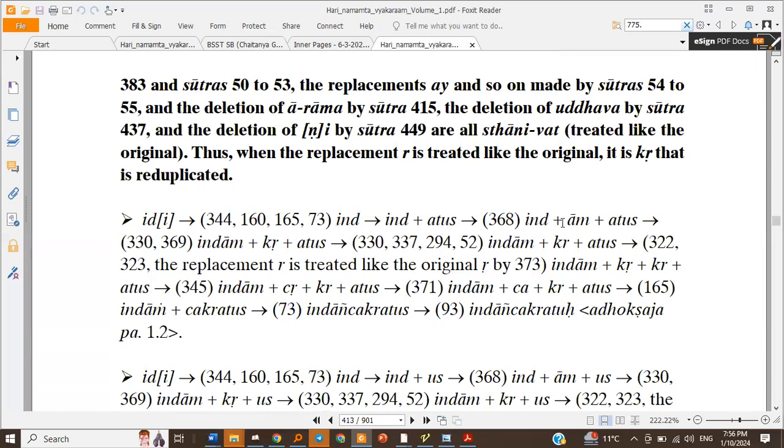Am is there by Sutra 368. What was the sutra for inserting Am? Prichyavarjita Gurvishwaradi Ramadhokshaji.